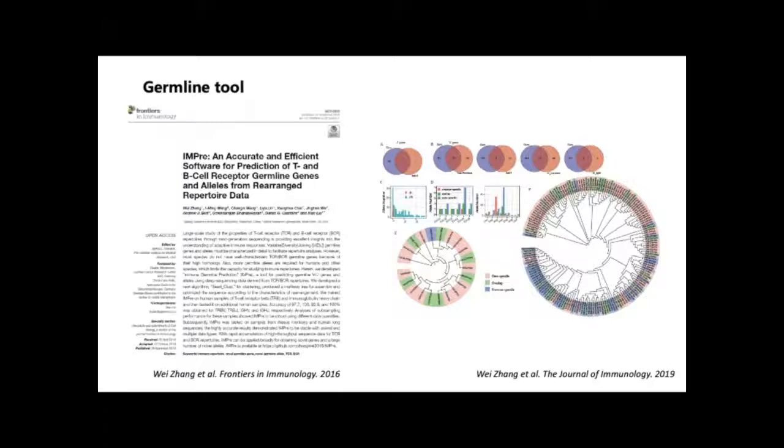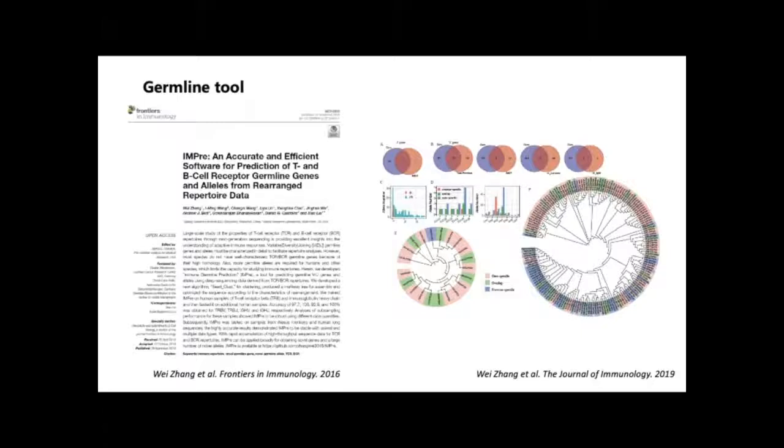After this publication, we also used macaque B cell receptor immunoglobulin sequencing data to infer macaque BCR germline sequences. After the prediction, we compared our inferred germline alleles to previously published ones and to IMGT, and we discovered a lot of known alleles and also some novel alleles and genes.